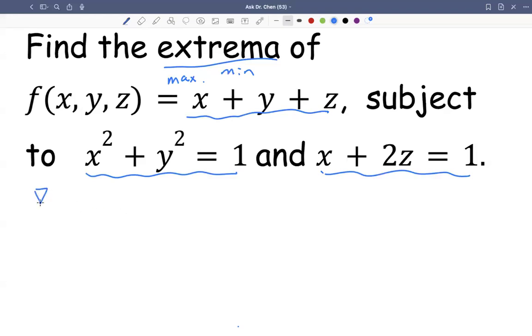The Lagrange multiplier method says the gradient of f equals a scalar multiplied by the gradient of g. What is g? We can define x squared plus y squared as a g function, and then we can define x plus 2z as an h function.